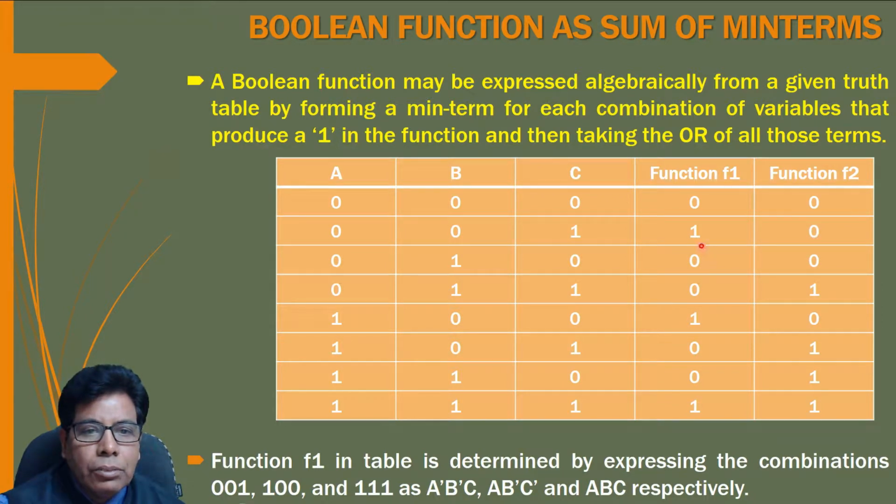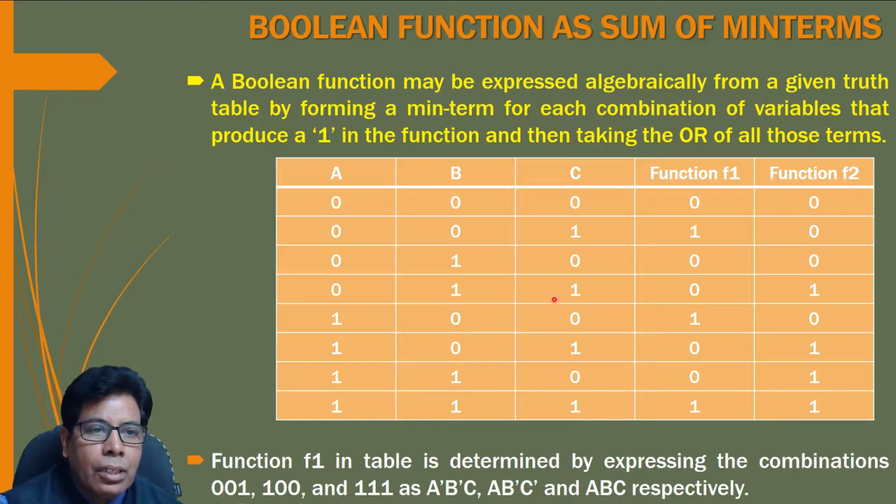Then this is giving 1 for 1 0 0 and 1 1 1. Similarly, function f2 is giving 1 for 0 1 1, then 1 0 1, 1 1 0 and 1 1 1.